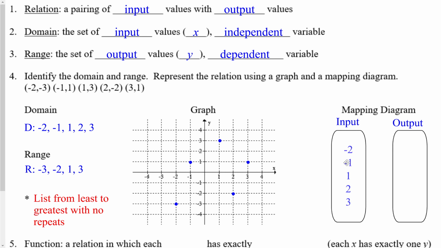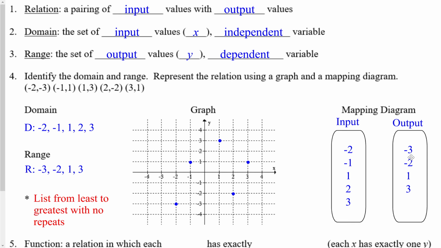So here's what the list of the input values would be, or the domain values from the relation that we were given. And then again, in the other column on the right, we'll list the output values as well. Again, least to greatest, staying nice and organized, not showing any repeats.